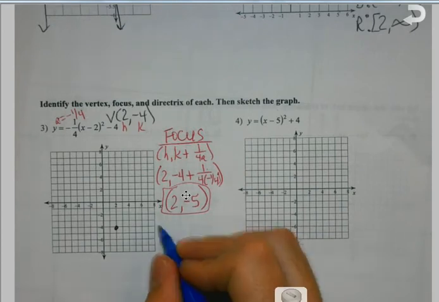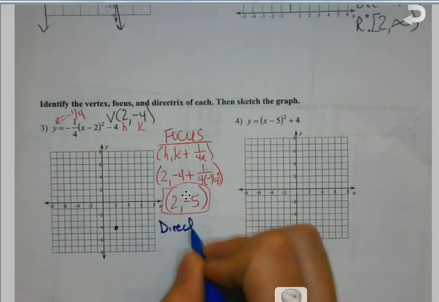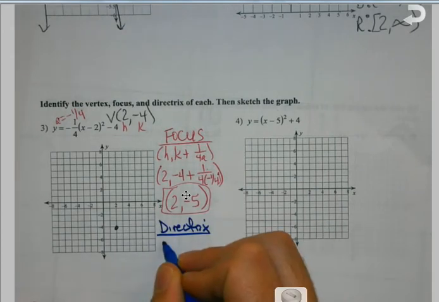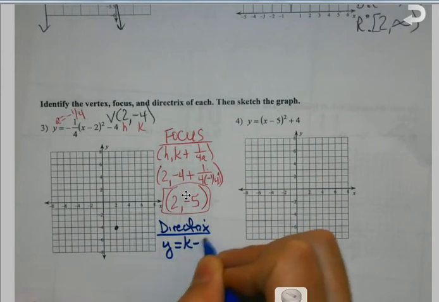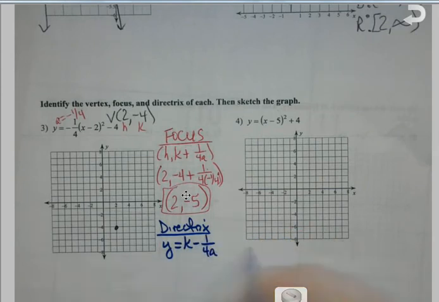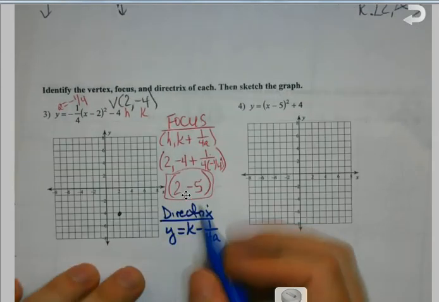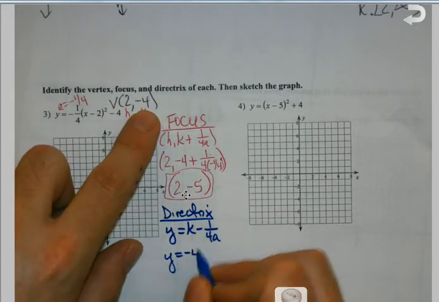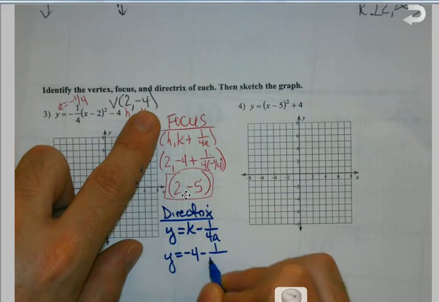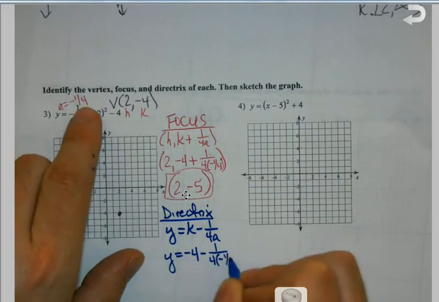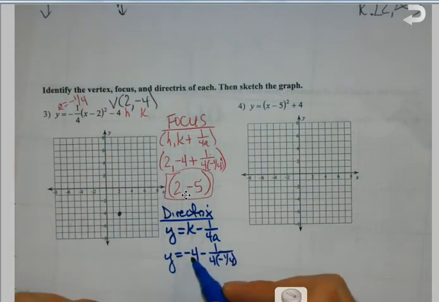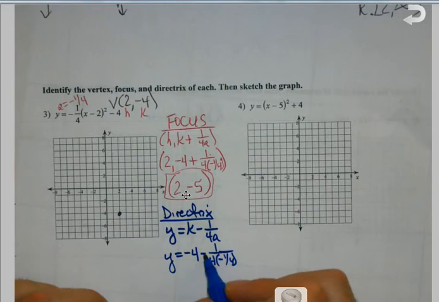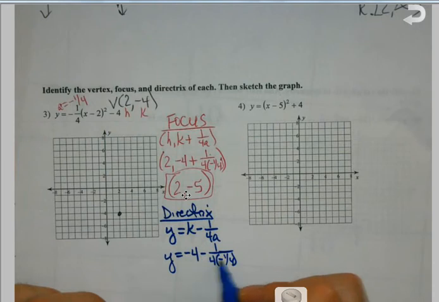And then my directrix, that expression is y equals k minus 1 over 4a. So, okay, y equals, my k value is negative 4 minus 1 over 4 times negative 1/4. So negative 4 plus 1. Because again, we saw before this reduces to 1, but now it's minus a negative here.